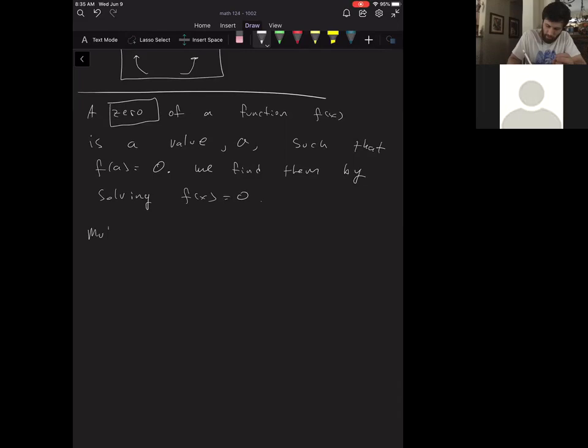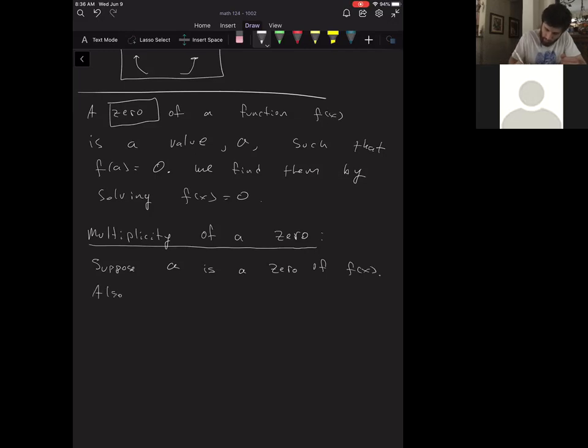So the multiplicity of a zero. Suppose a is a zero of f of x.